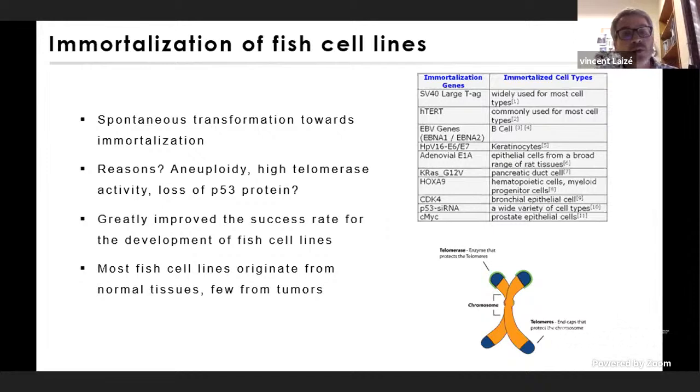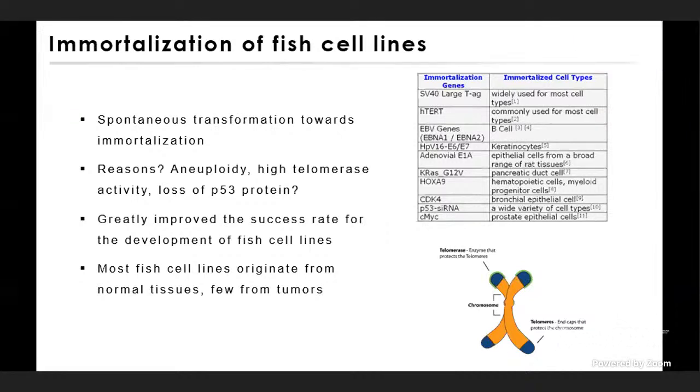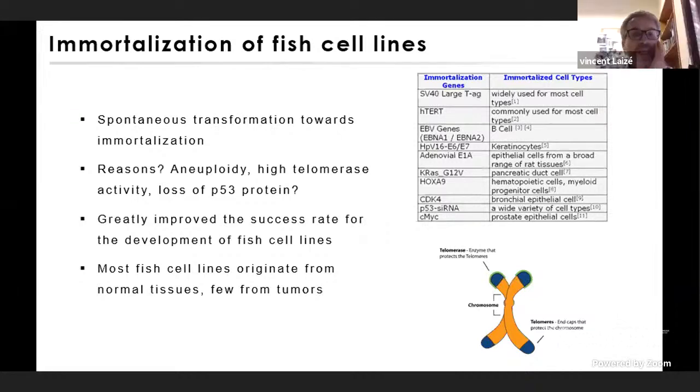It could also be the loss of the p53 protein, which is a tumor suppressor gene. But we still don't know. Anyhow, this immortalization was a great advantage. It greatly improved the success rate of the development of fish cell lines.